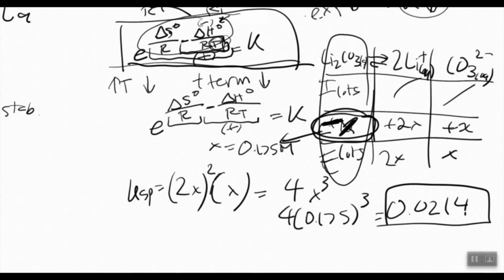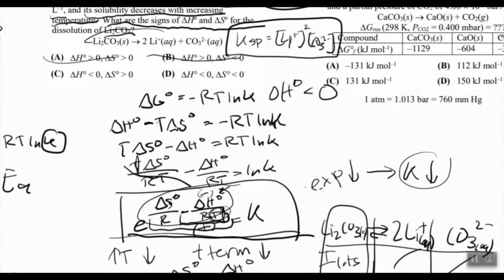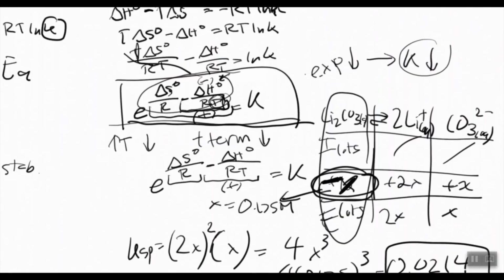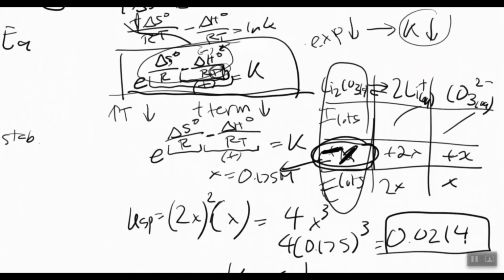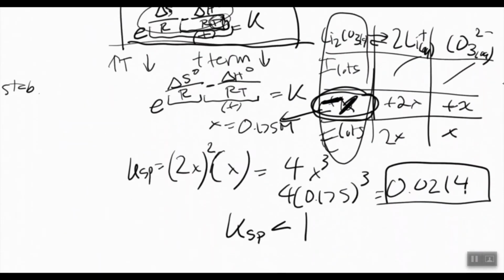That's our K. Note that our KSP is actually less than 1. Now this is actually really important because if our K is less than 1, guess what happens?